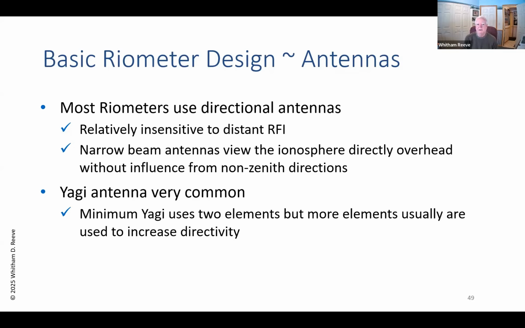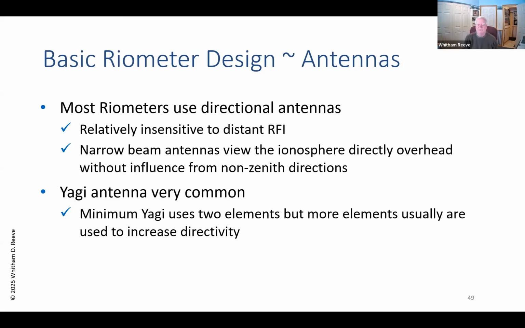And then a narrow beam antenna is giving you a good view of directly overhead without any influence from non-zenith directions. So in other words, if you're interested in what's happening directly above, like we are at HAARP, and we don't want the influence of non-zenith directions, then we would want a highly directional antenna.